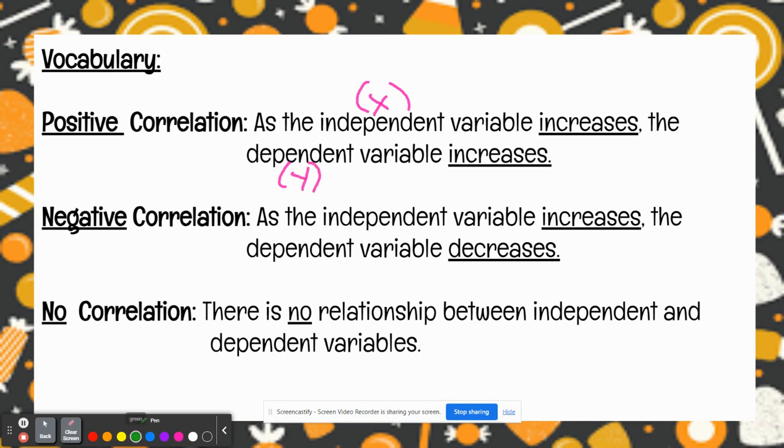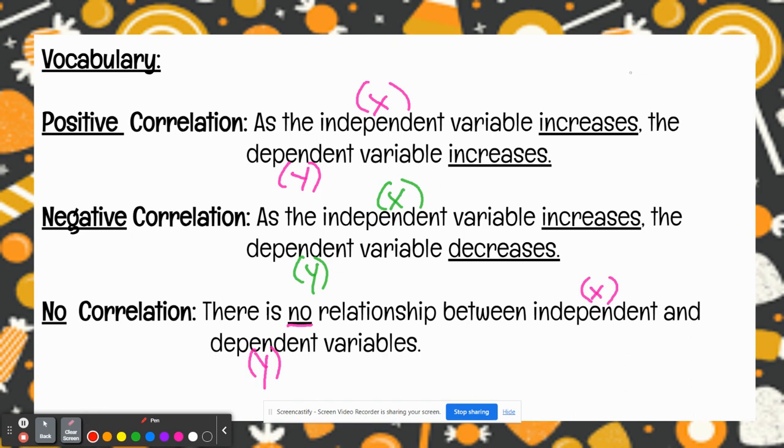On a negative correlation, as the independent variable increases, so as my x increases, the dependent variable will decrease. So they're not working together. And then lastly, no correlation is there is no relationship between the independent variable and the dependent variable.